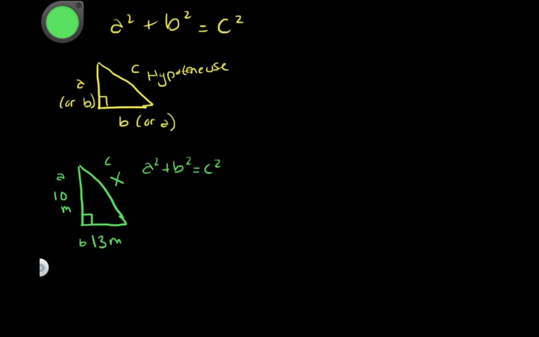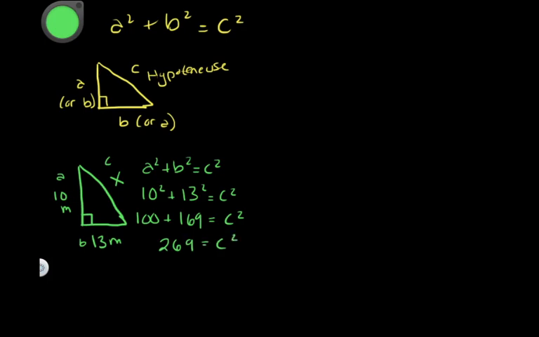So a squared, so 10 squared, plus 13 squared equals c squared. So 10 squared is 100, and 13 squared is 169, equals c squared. 100 plus 169 is 269.